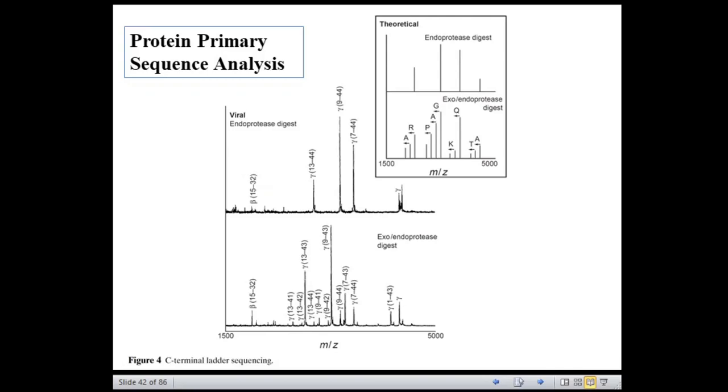So as you can see in the figure, the entire sequence differing by one amino acid can be obtained. So this is how the amino acid sequence information is determined by the MALDI-MS. Right.